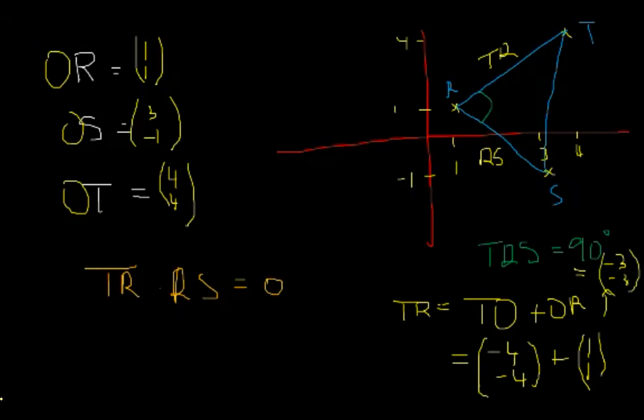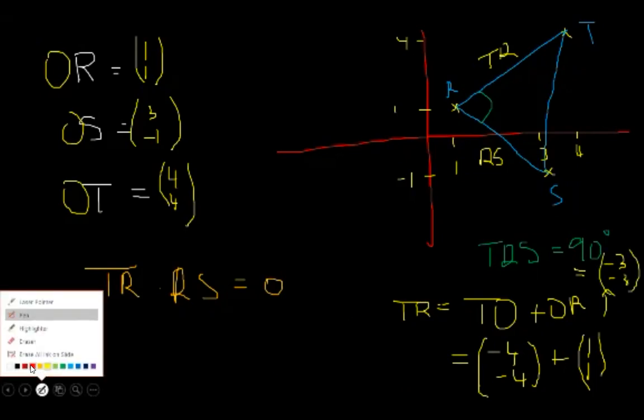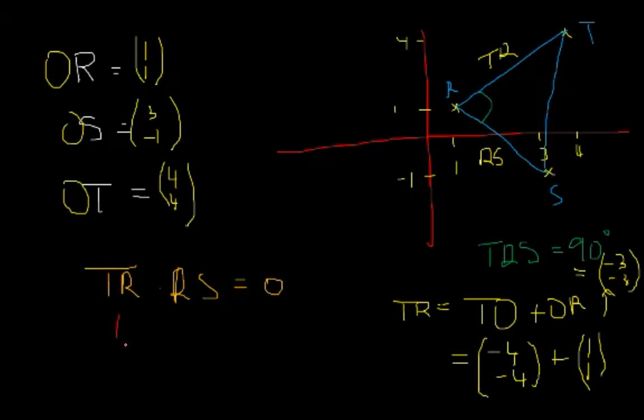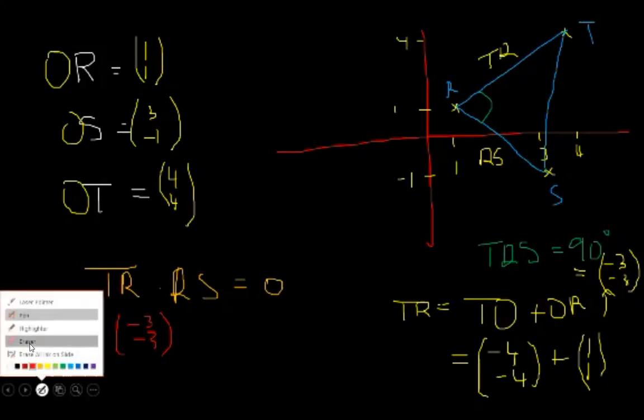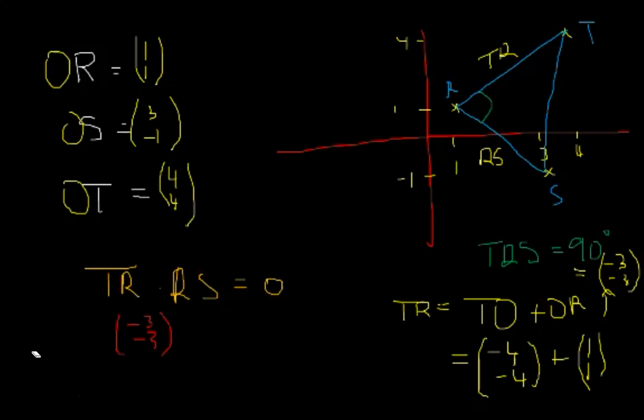So my vector TR is minus 3, minus 3. Do you understand that? We can't move on to other subtopics and then you forget how to do subtopics from before, right? That's not how it works. You need to remember what we did.